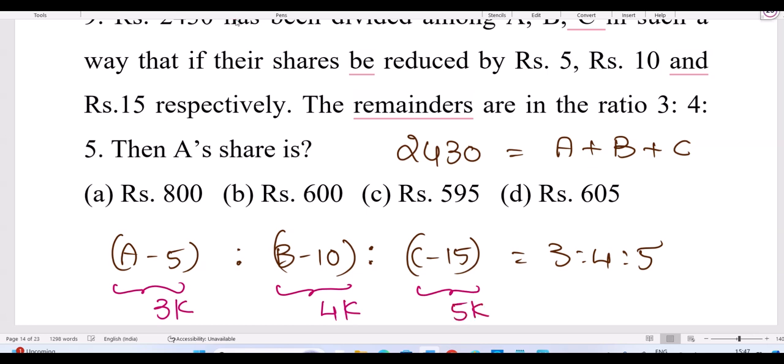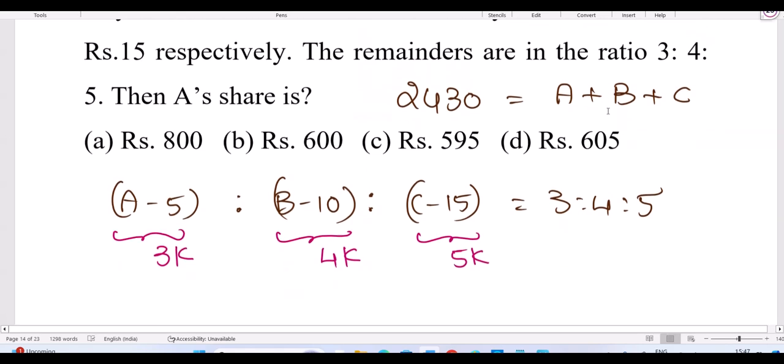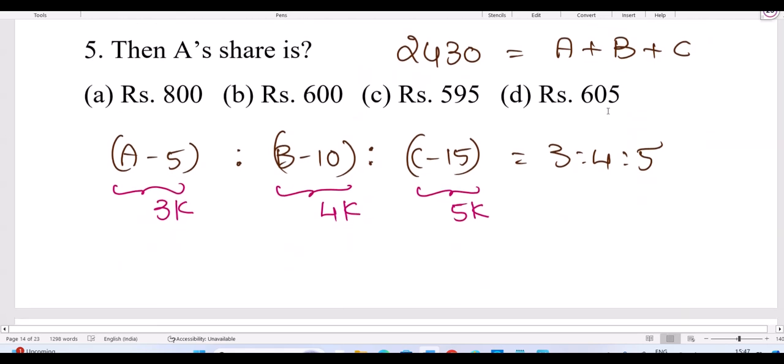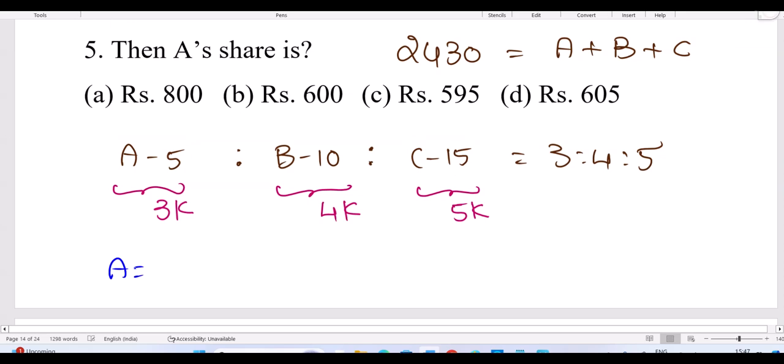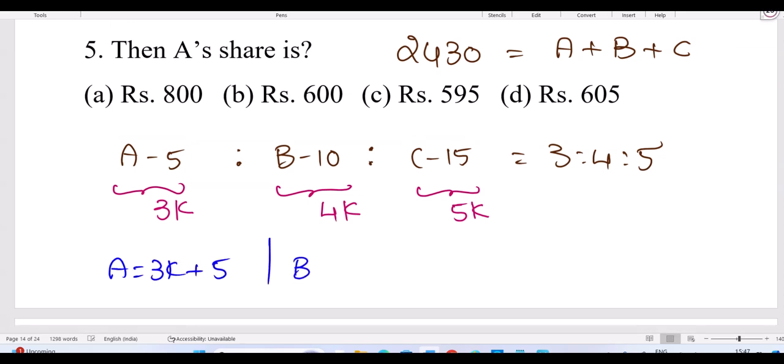3k, 4k, 5k. A minus 5 is 3k, B minus 10 is 4k, C minus 15 is 5k. Now A can be written as 3k plus 5, B as 4k plus 10, C as 5k plus 15.